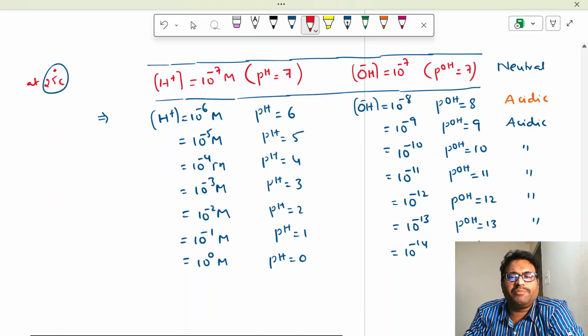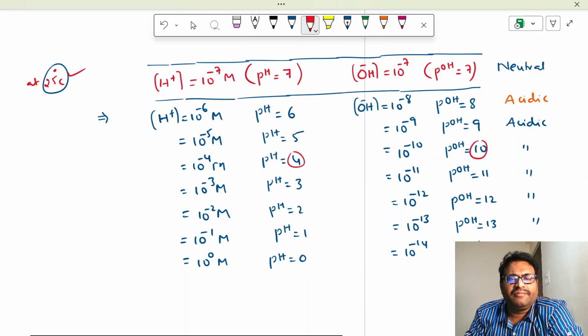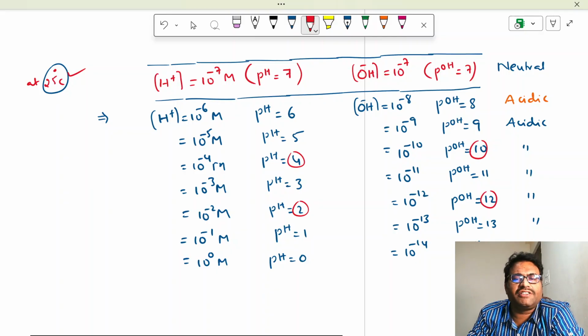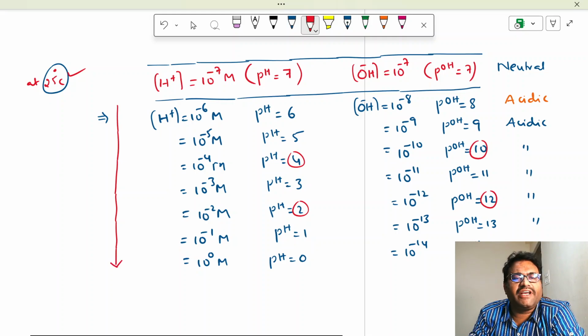See, pH plus pOH, so for example, let us take the fourth one. pH plus pOH must be equal to 14 at 25 degrees centigrade. So that means on moving down, what is happening? H plus ion concentration is increasing.